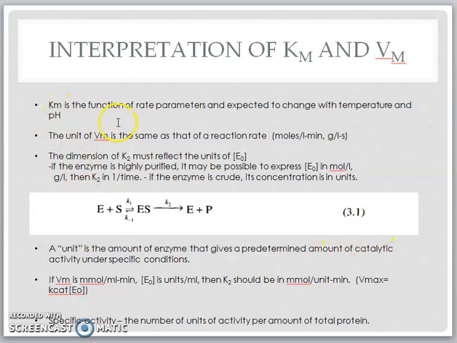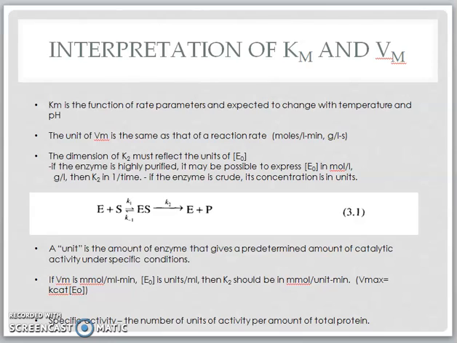And Km is a function of rate parameters and is expected to change with temperature and pH. The unit of Vm is the same as the reaction rate. It can be moles per liter per minute or grams per liter second. Okay, moles per liter minute.